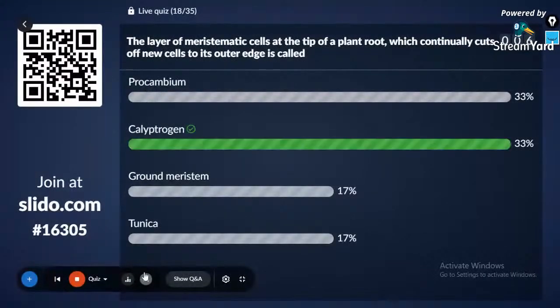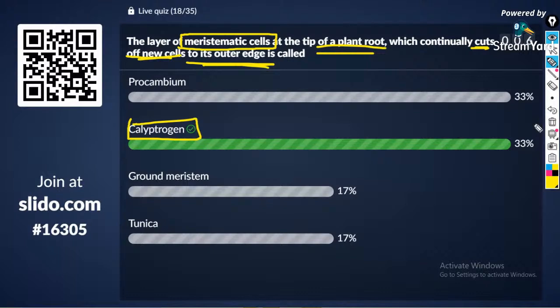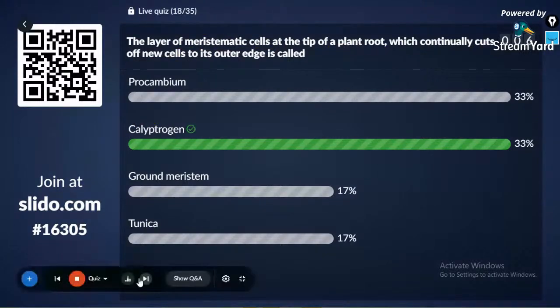The layer of meristematic cells at the tip of plant root, which continuously cut off new cells to the outer edge, is called calyptrogen. Next question on the screen.